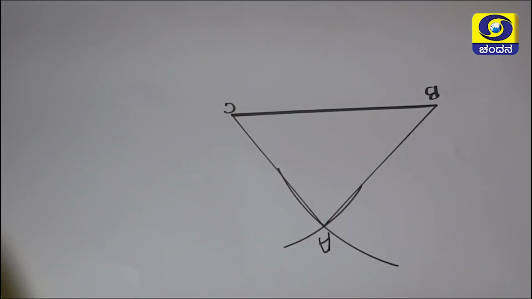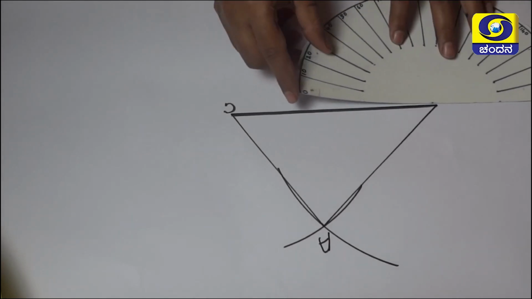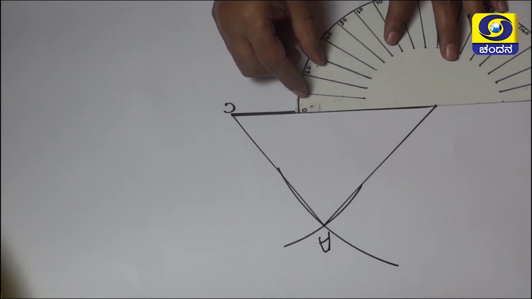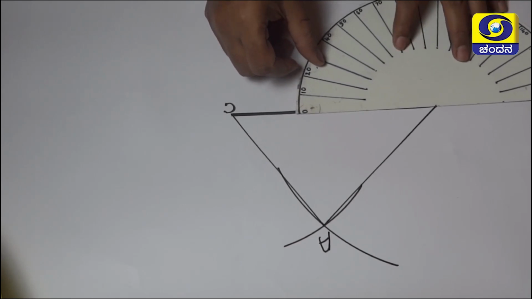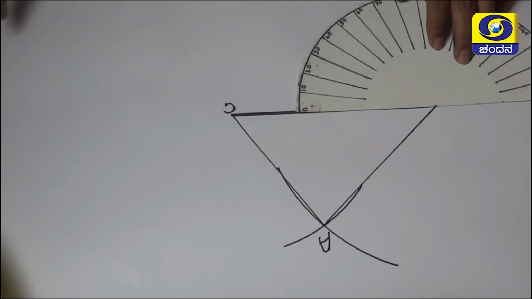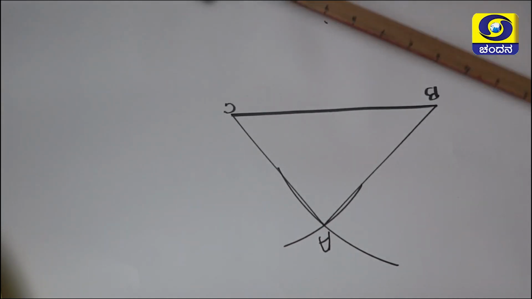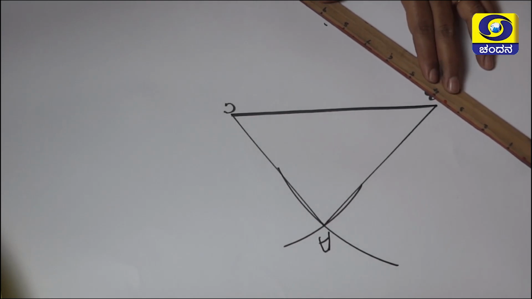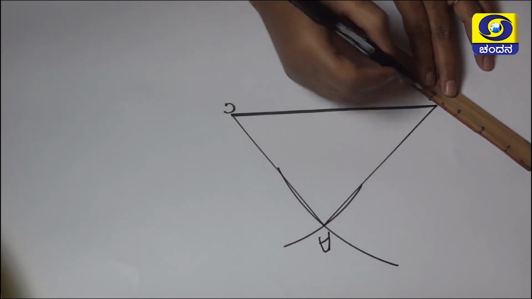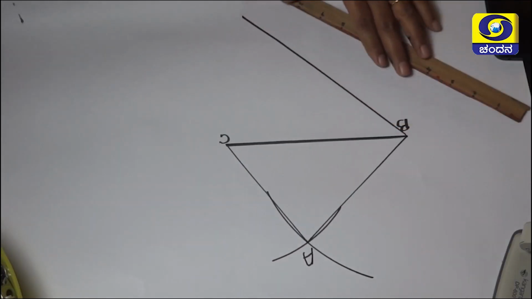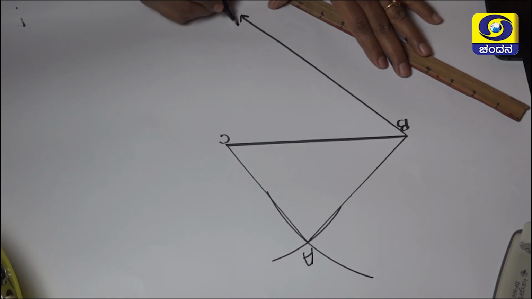To construct a similar triangle, we have to keep protractor at point B, measure an angle of 45 degree, make a mark, draw a ray passing through this point starting from point B. Let us name this ray as BX.